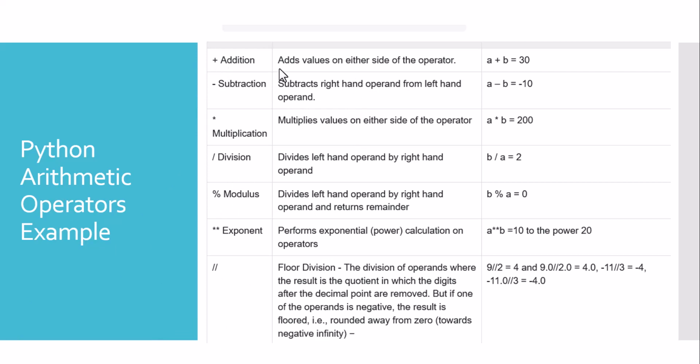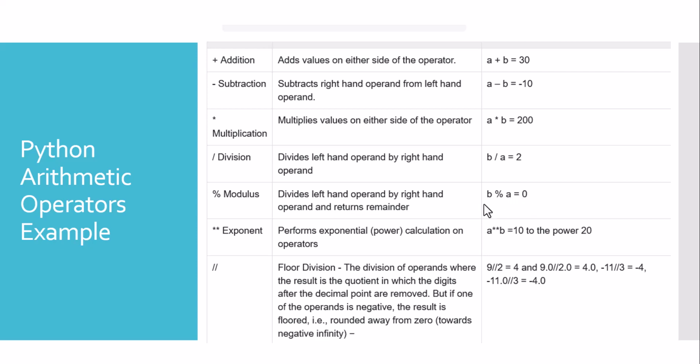Basically addition adds the values on either side of the operator, that is a plus b. If a value is 10 and b is 20, then 30. Okay. Similarly, if a is 10 and b is 20, a minus b is minus 10, that is subtraction. Similarly multiplication, division, and modulus. Modulus divides the left-hand operand by the right-hand operand and returns the remainder. Whatever remainder is returned, that is the result.